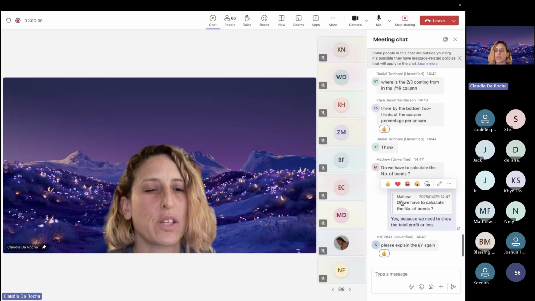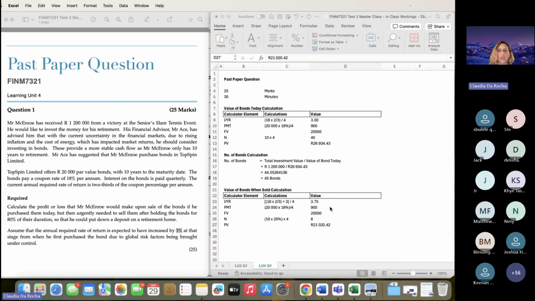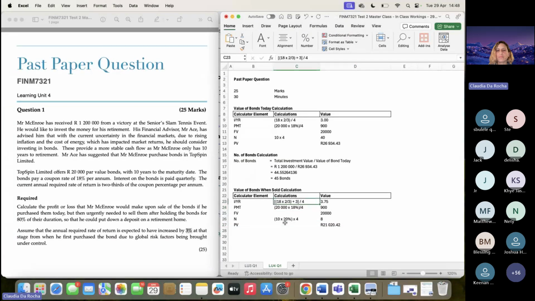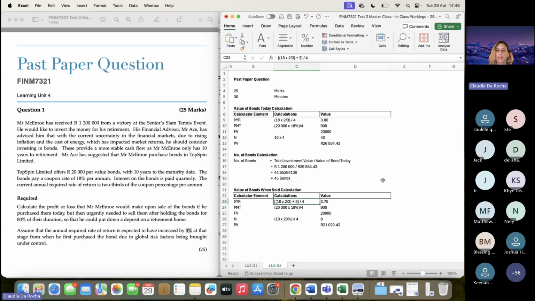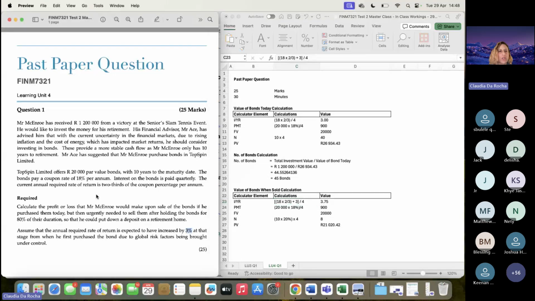Okay, I'll explain the interest per year again. The interest per year for this is 18, because they said your required rate of return is 2/3 of the coupon percentage. It's there in your question. So it's 18% times 2 over 3. And then because I'm selling the bond in this part of the question, it says assume that the annual required rate is expected to increase by 3%.